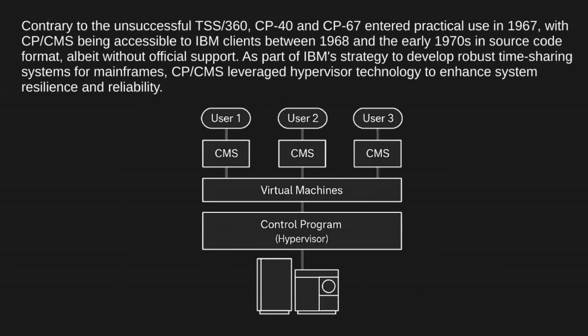Contrary to the unsuccessful TSS/360, CP-40 and CP-67 entered practical use in 1967, with CP/CMS being accessible to IBM clients between 1968 and the early 1970s in source code format, albeit without official support. As part of IBM's strategy to develop robust time-sharing systems for mainframes, CP/CMS leveraged hypervisor technology to enhance system resilience and reliability.